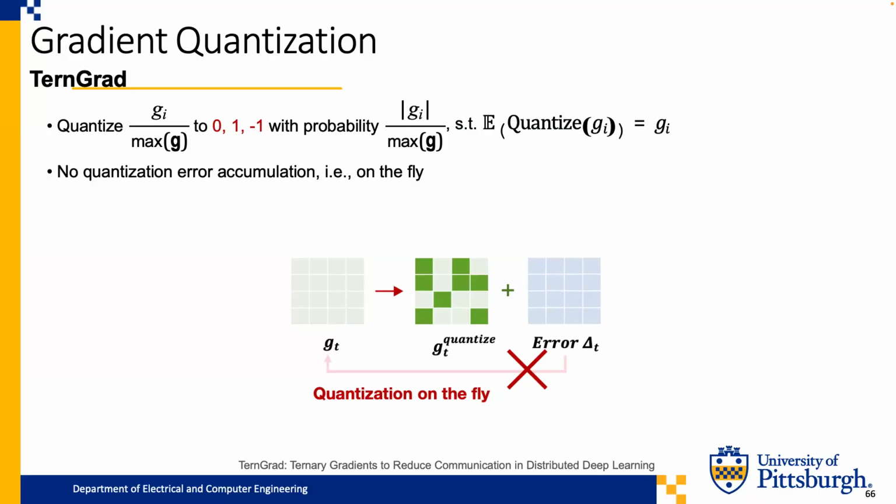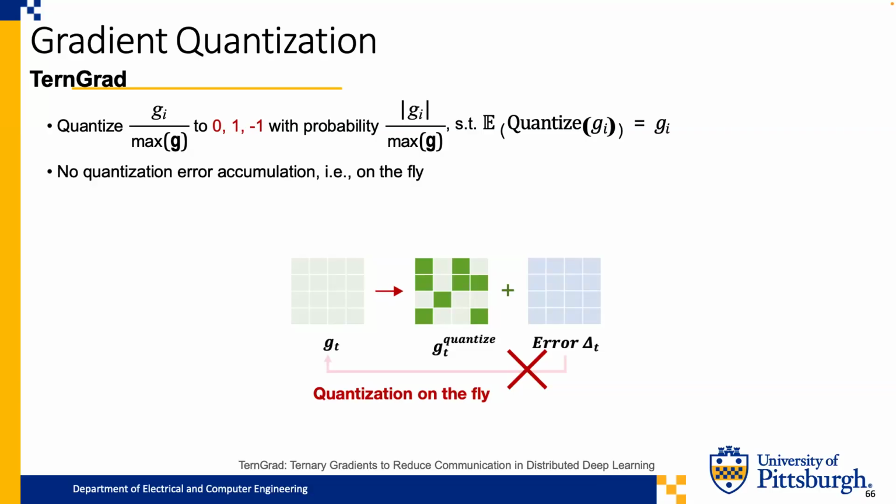And for the number 9, it basically says I'm always quantizing this to 9. It's 9 out of 9 times. I'm going to quantize this number to 9. And this -5 is going to be quantized to -9 5 out of 9 times.